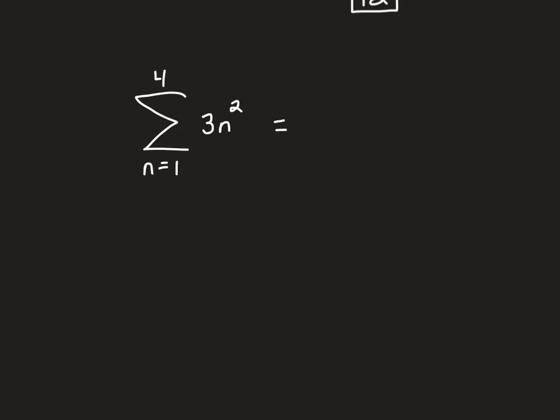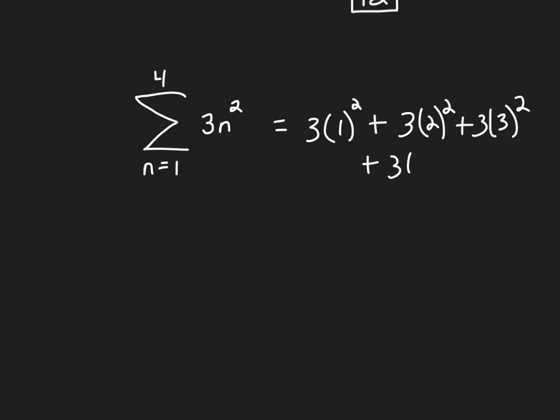So this results in 3 times 1 squared. It's probably a good idea to write these out. 3 times 1 squared plus, that's what this big summation symbol tells us, 3 times 2 squared plus 3 times 3 squared plus 3 times 4 squared.